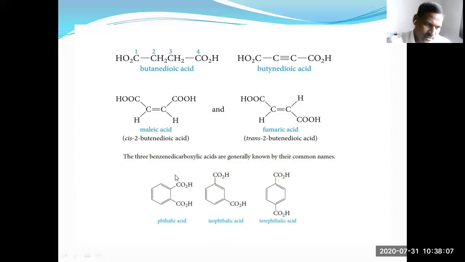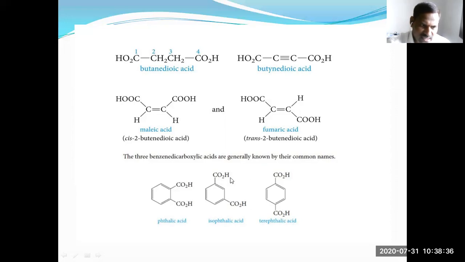See once again, benzene dicarboxylic acids are generally known by their common names. So this is the ortho dioic benzene. That's why the name is phthalic acid. These two are the ortho positions, whereas these two are the meta positions.